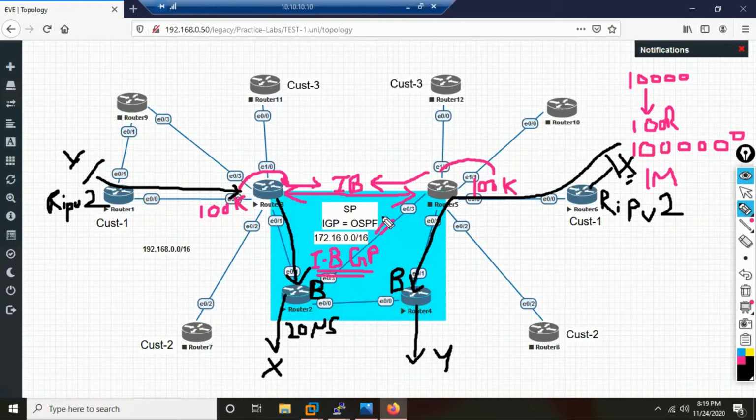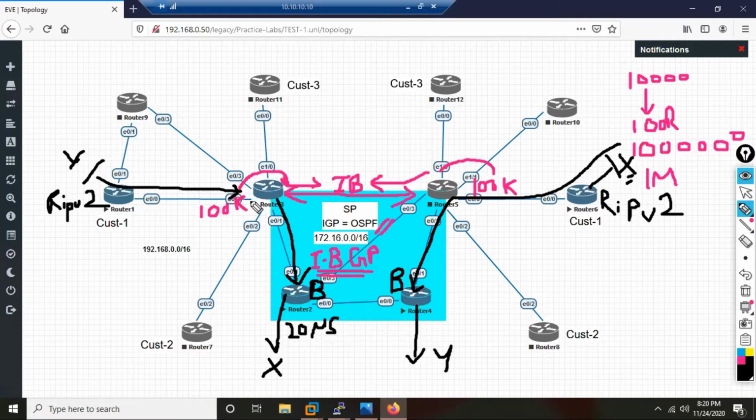That means if you have 1,000 routers, you have to do BGP on 1,000 routers. This is called iBGP. And that's the reason service providers used to minimize the configuration. They used to use peer groups. So that much iBGP was required.